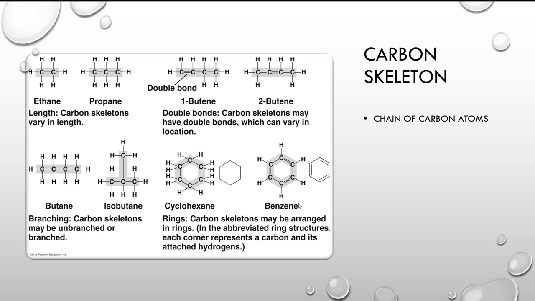Whereas in benzene, we actually see a different shaped hexagon, and it still has 6 carbons, but you can see a lot fewer hydrogens, so we have double bonds forming between the carbons. Okay, so carbon skeletons in rings you might see abbreviated like that instead of including all of the carbons and the hydrogens.